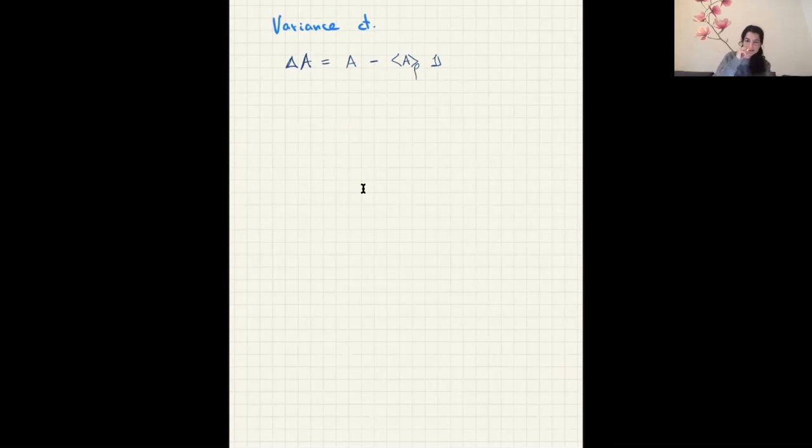To see that this gives us the same definition as before, what does delta A squared evaluate to? What's the average of this value? This is the trace of delta A squared rho.